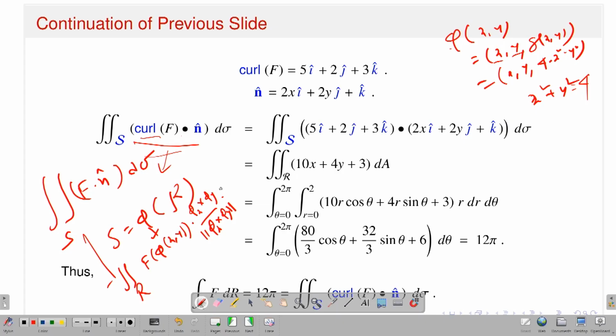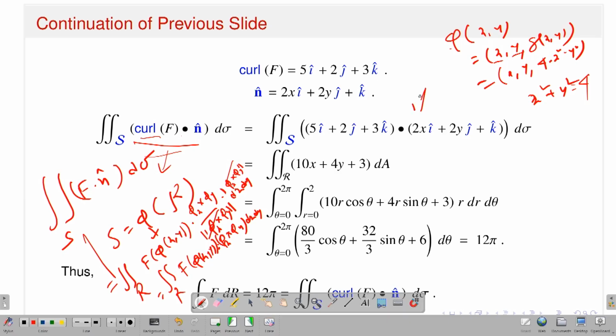Then you will have another norm factor, norm of phi x cross phi y, times dx dy, or du dv, depending on which variable you are using. Now do you see this factor will get cancelled? So it is exactly equal to the integration over R of F of phi of (x, y) dot phi x cross phi y, times dx dy.